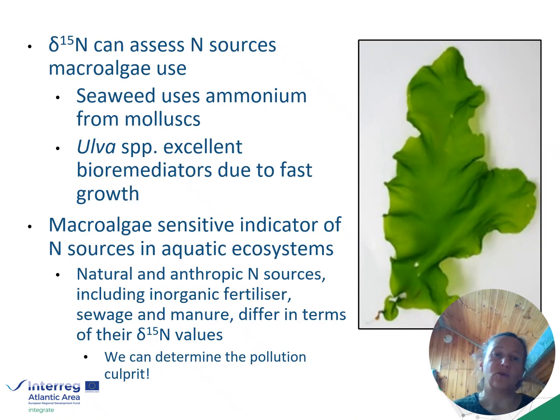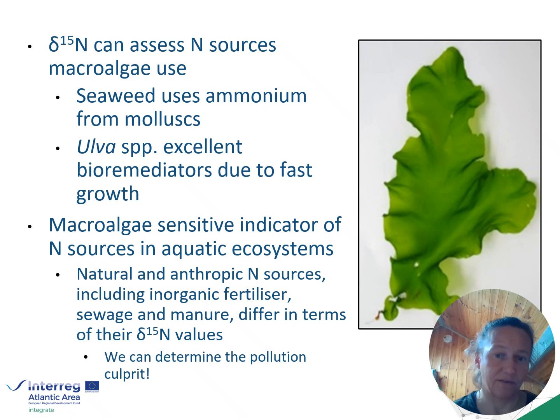We can also use delta 15N to assess nitrogen sources that macroalgae use. So we know, for example, that seaweed will utilise ammonium from mollusk wastes. And we know Ulva is often an excellent bioremediator due to its very fast growth and efficient uptake of things like nitrates and phosphates.